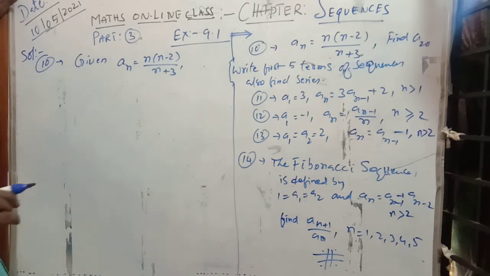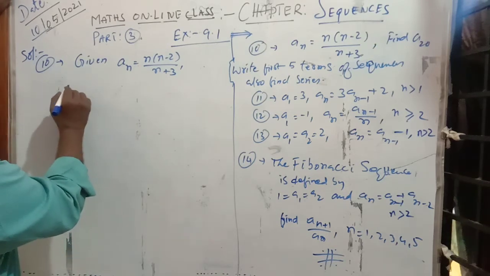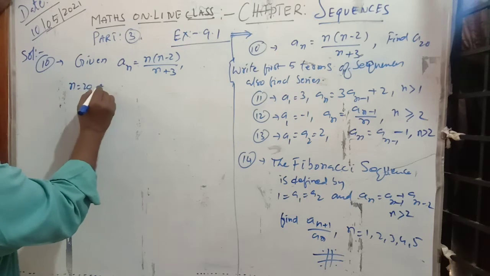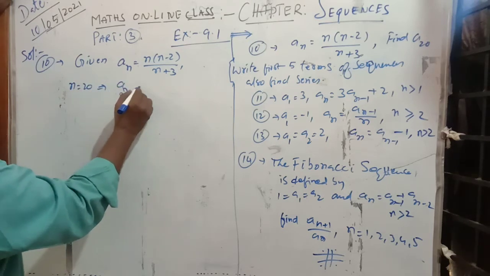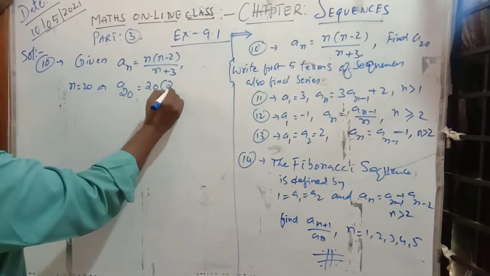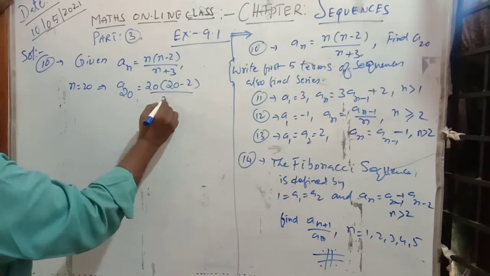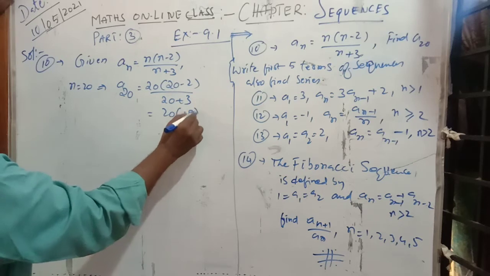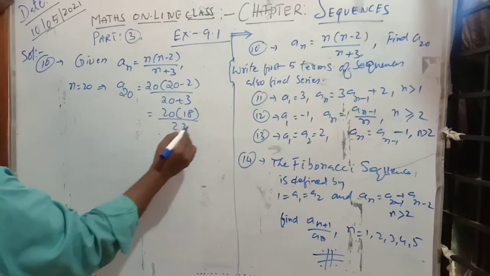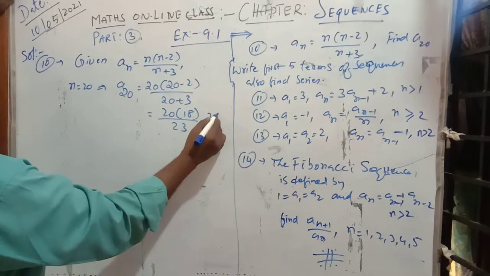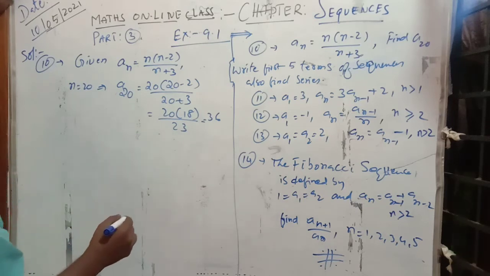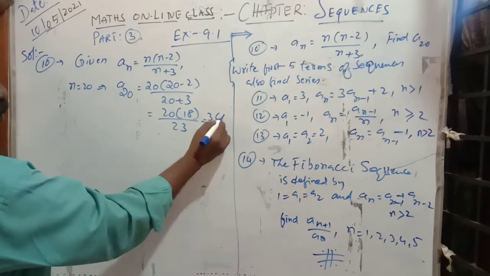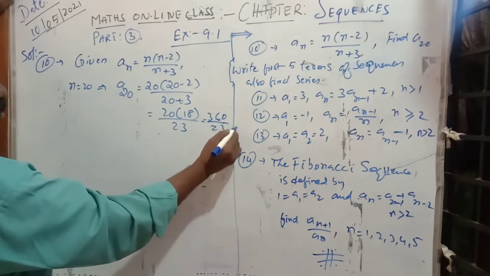Open your textbooks and see. N is equal to 20 means we get A20. It is 20 times (20 minus 2) by (20 plus 3), that is 20 into 18 by 23, which is 360 by 23.